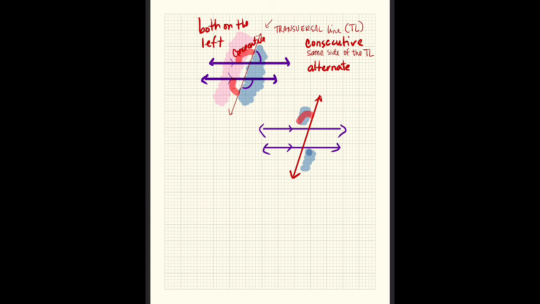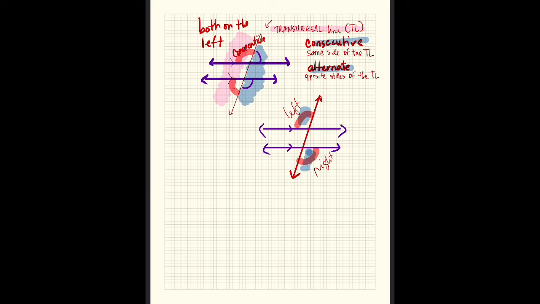This angle and this angle are alternate angles because they are on opposite sides of the transversal line. One is on the left, the other one is on the right.